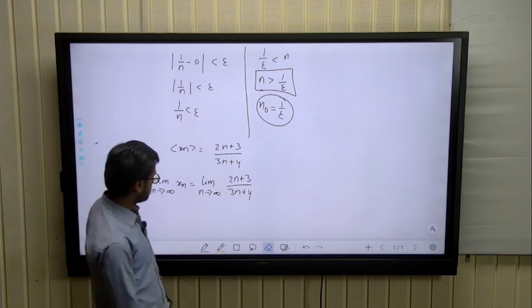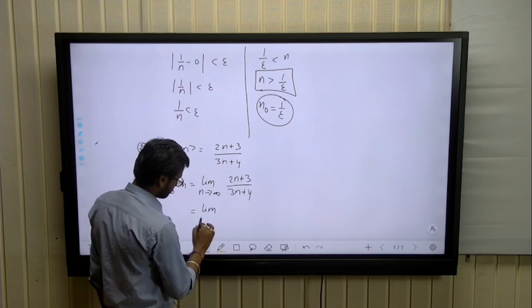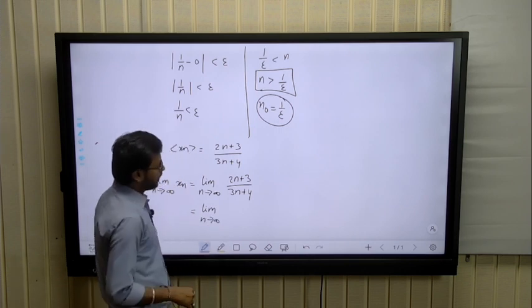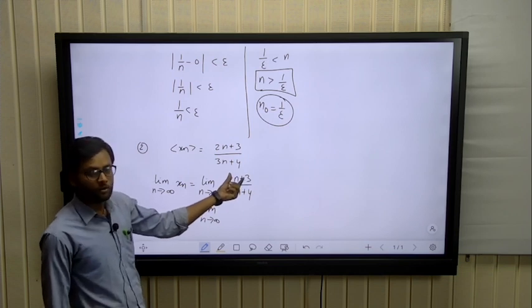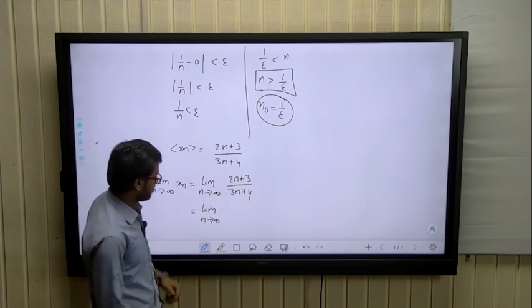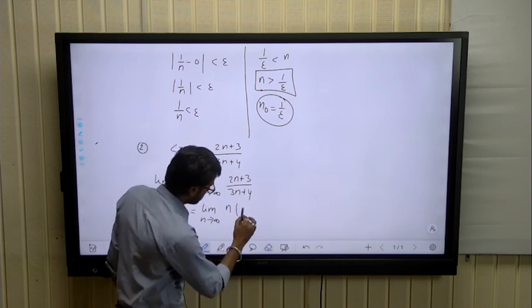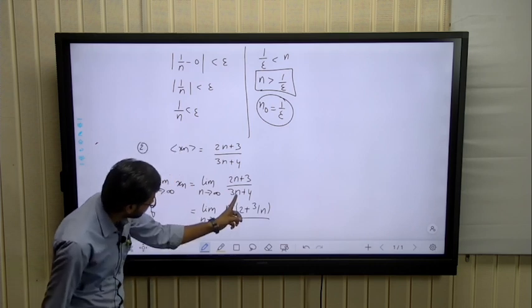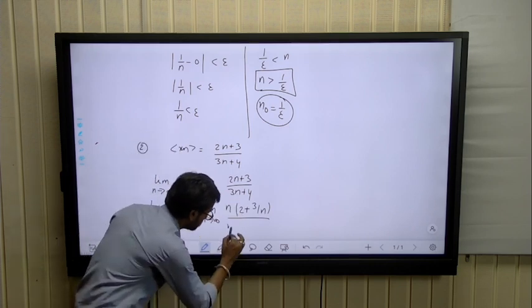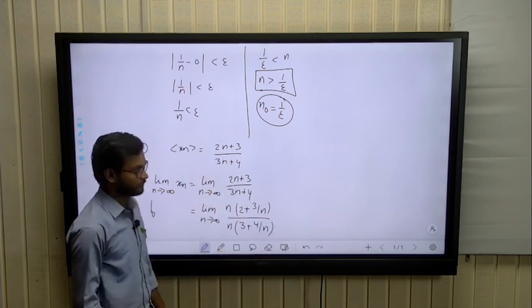Now we solve it. If we take n common from the numerator, we get 2 plus 3 upon n. Also we take n common from the denominator, so what happens?